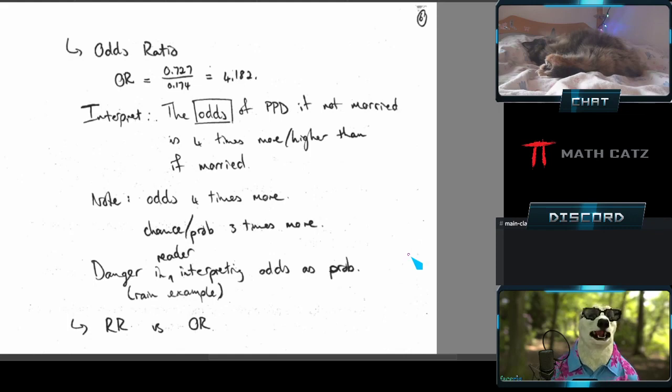Because if you, as the reader, are not as experienced working with odds and interpreting odds, you just see, oh, something is four times worse. I don't quite understand odds, but it's four times worse, so it must be bad. Versus being presented with, oh, it's 2.8 times worse. Oh, that's not so bad. I feel okay about that.